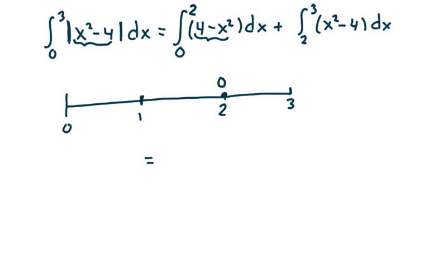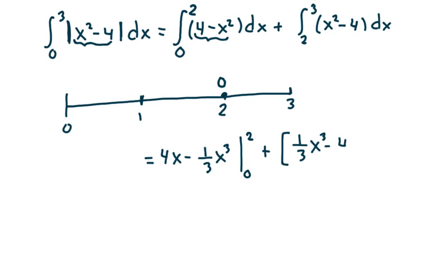Now, here I get 4x minus 1/3 x cubed evaluated from 0 to 2. That's the first integral. And then the second integral will be 1/3 x cubed minus 4x evaluated from 2 to 3. Pop 2 in for x. We get 8 minus 8/3. If I replace x with 0, it's just 0.